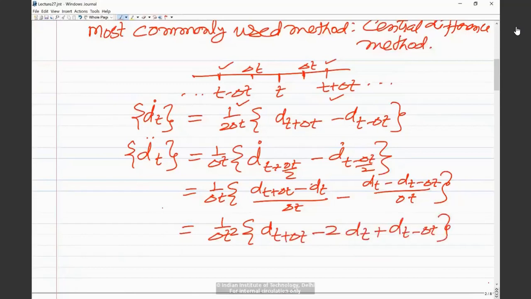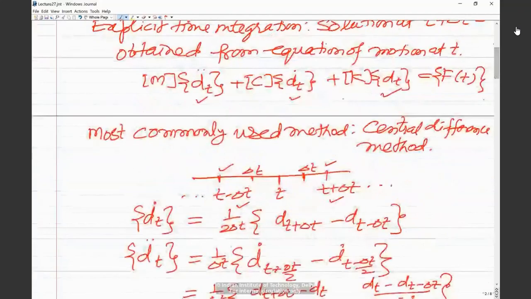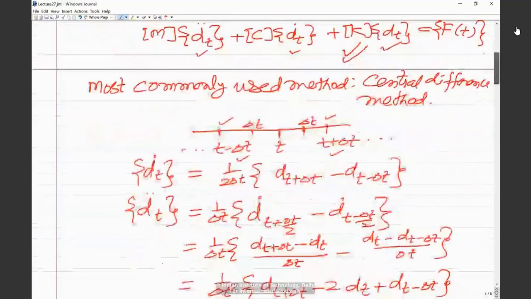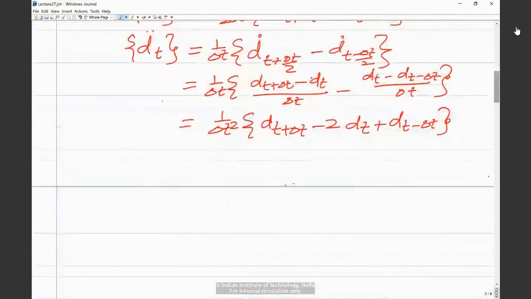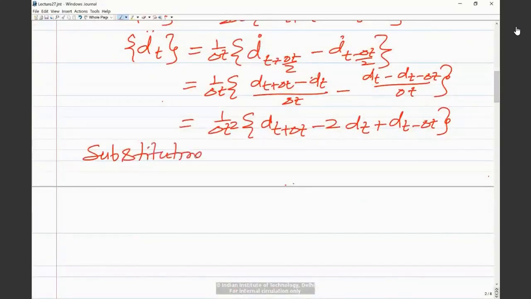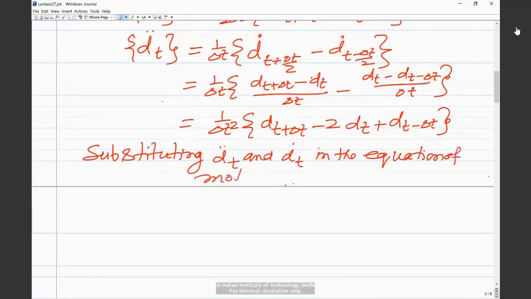And now substitute these in the equation of motion. So we substitute d double dot at t and d dot at t in the equation of motion at t, and get the equation to find d at t plus delta t.